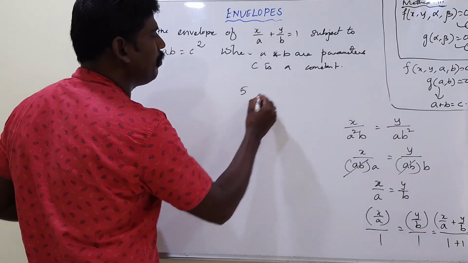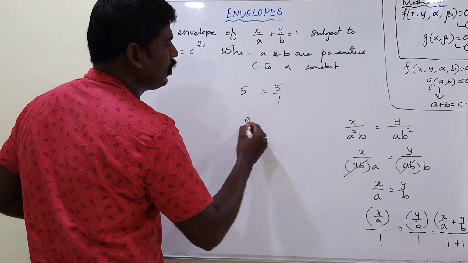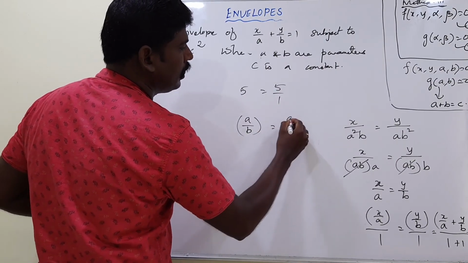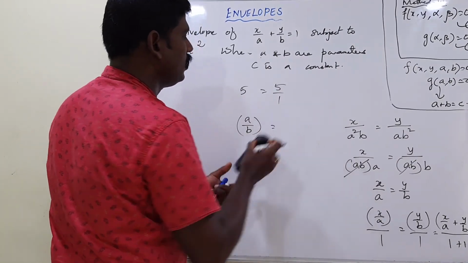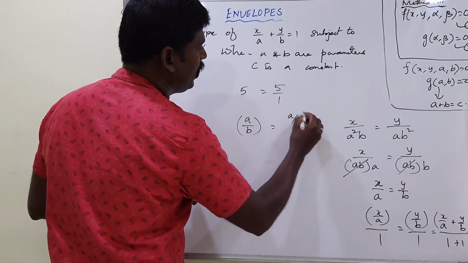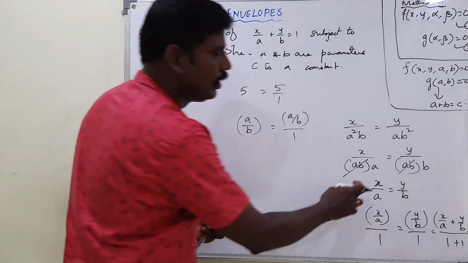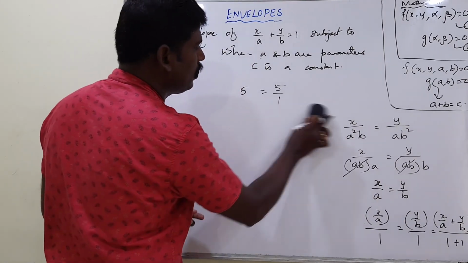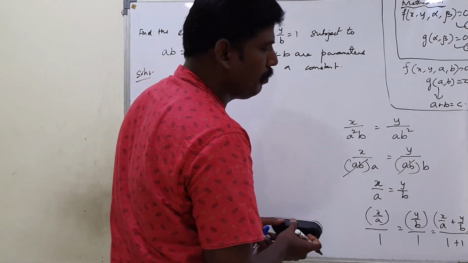Anything can be written over 1, 5 can be written as 5/1, so a/b can be written as (a/b)/1. Same like that, x/a can be written as (x/a)/1 and also y/b can be written as (y/b)/1.